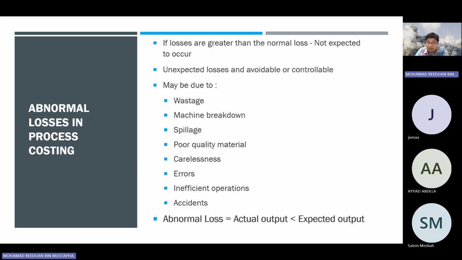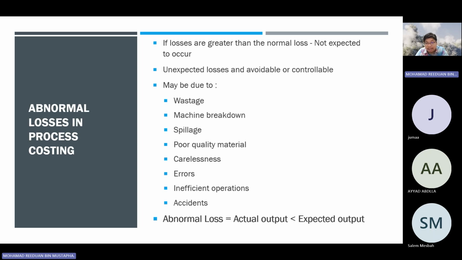So this is unexpected loss and avoidable or controllable, maybe due to wastage, machine breakdowns, spillage, poor quality material, carelessness, error, inefficiency of operation, and accident.